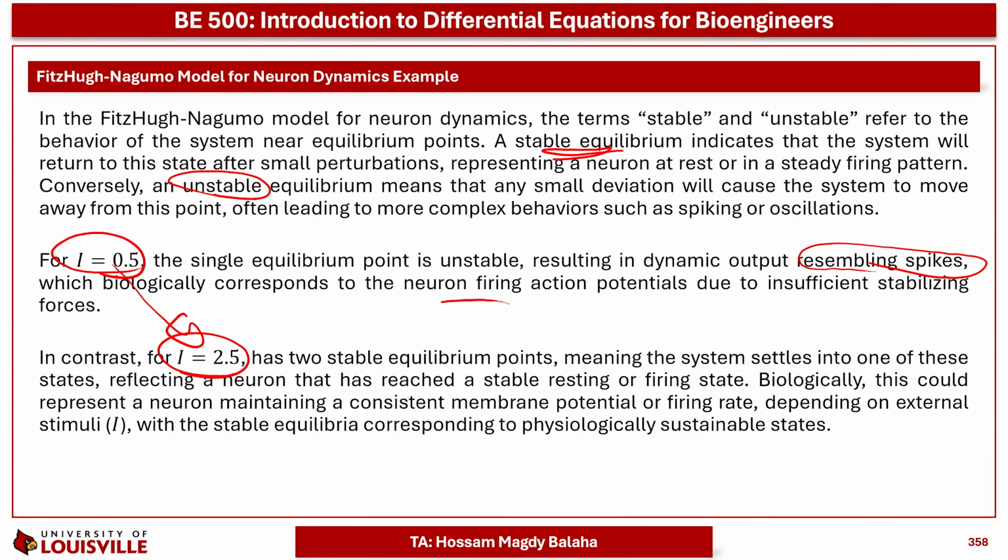And biologically, this could represent a neuron maintaining a consistent membrane potential or firing rate depending on the external stimuli. And also you can determine the minimum value of stimulation needed to make it reach a stable resting state by testing a set of external stimulations in your experiment.